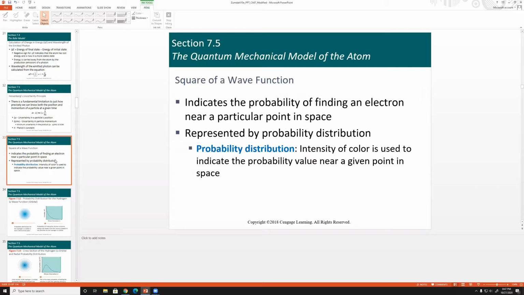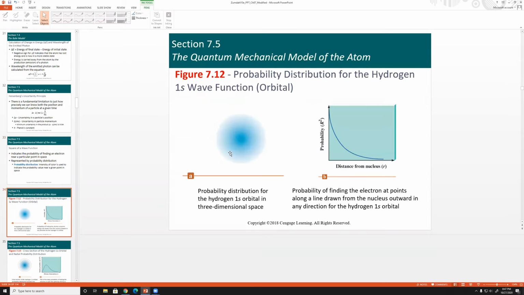What this tells us is that we can't know the exact position, but we can have a probability distribution of the position. If you think the hydrogen's electron is closer to the nucleus, which it most likely is, we can say the electron is probably closer to the nucleus in this dark blue, but there's a small chance it might be out here. So when we talk about these models, the energy levels and the positions, there is a chance we're completely wrong.